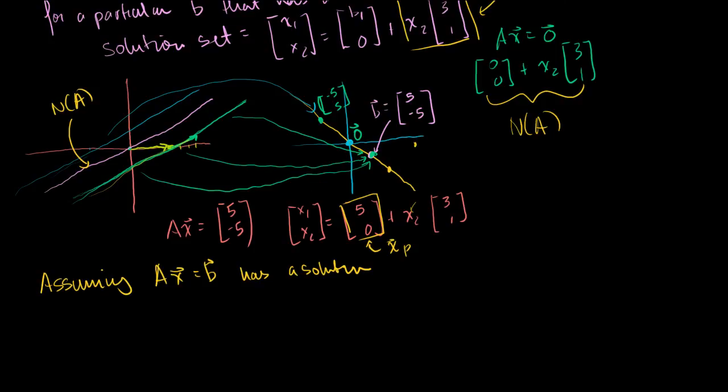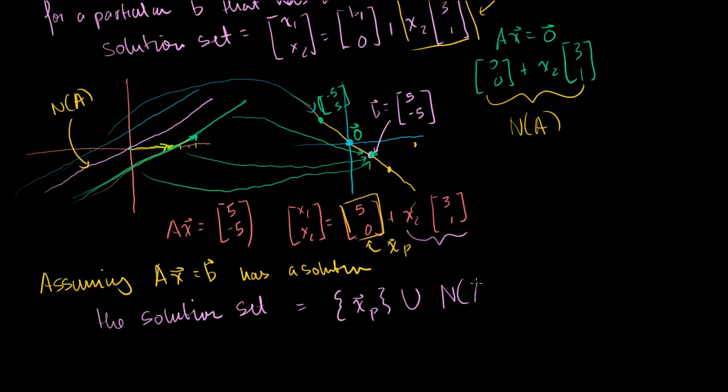But assuming Ax equals b has a solution, the solution set is going to be equal to some particular vector, so you could just think of it as a set with just one vector right there, combined with, or the union of that set with, your null space of this matrix right here.